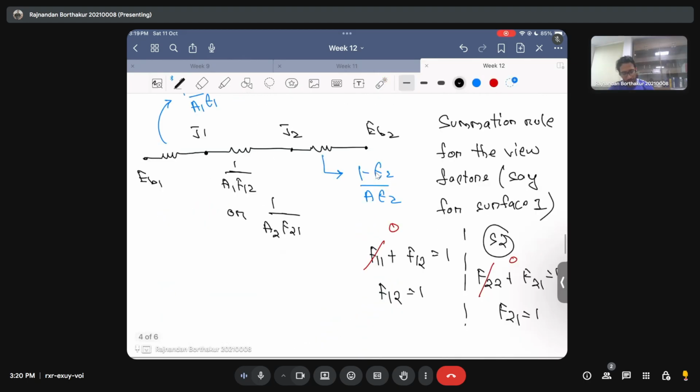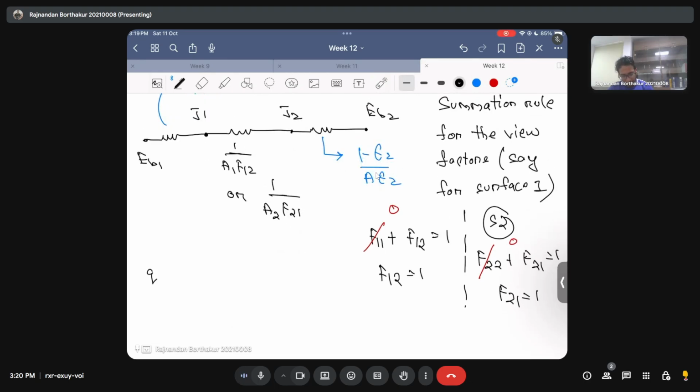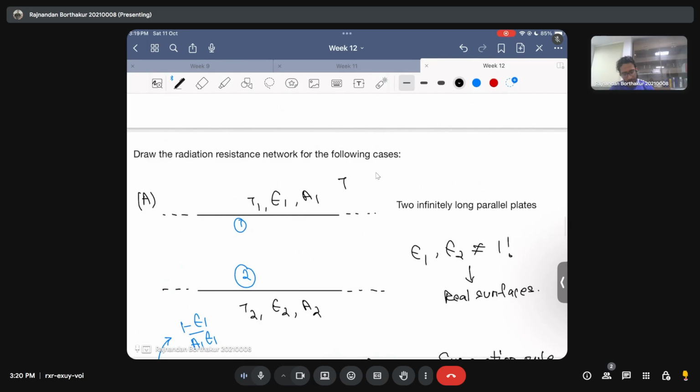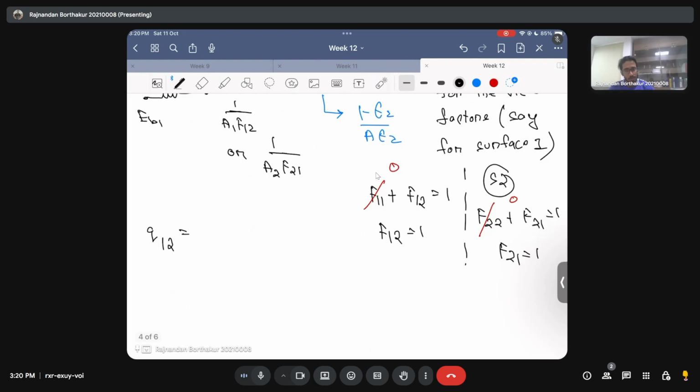Okay, so nevertheless, if someone asks you to calculate the net radiation exchange between 1 and 2, let's say we are considering that T1 is greater than T2, meaning that the net radiation exchange will be from 1, such that 1 will try to equilibrate, which will be equal to Q12.